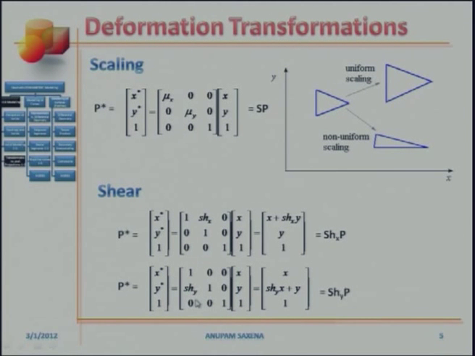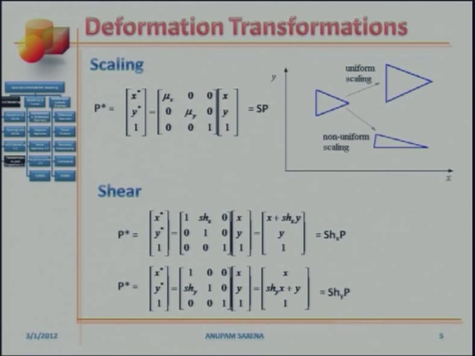Here, we would be introducing a shearing factor sh sub y in the first column and the second row. So, for shear along the y direction, the transformation matrix is 1 0 0, sh sub y 1 0, 0 0 1.